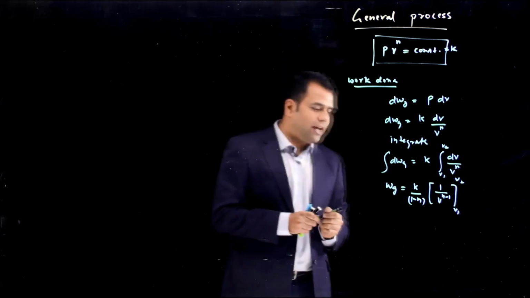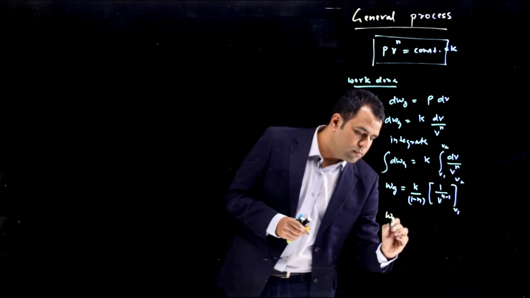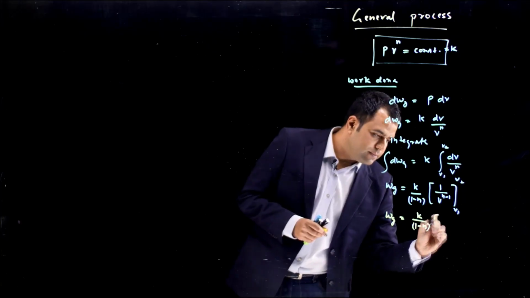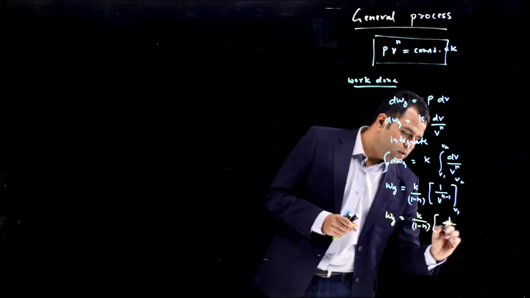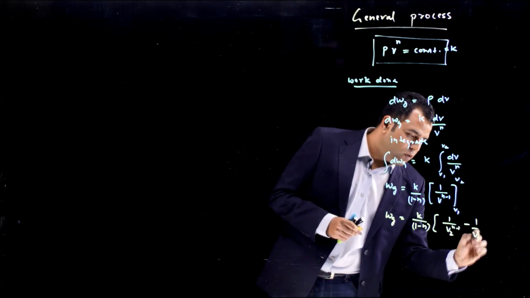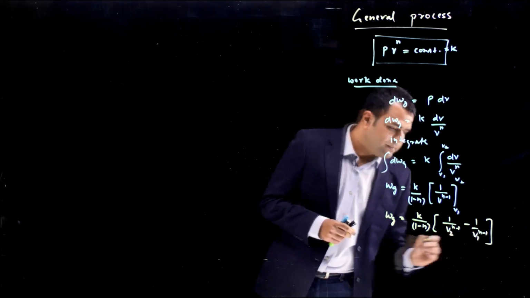Let's put the values. K upon 1 minus n, 1 upon V2^(n-1) minus 1 upon V1^(n-1).